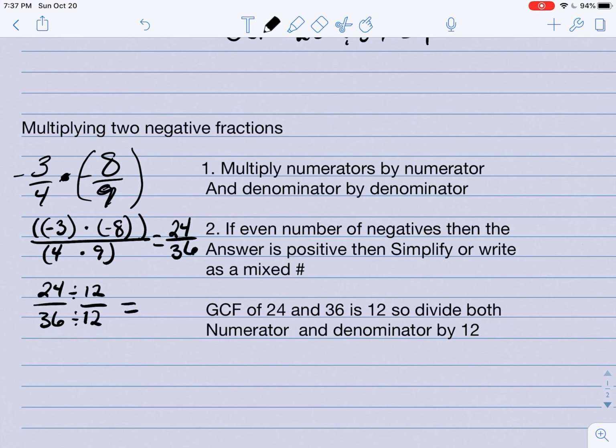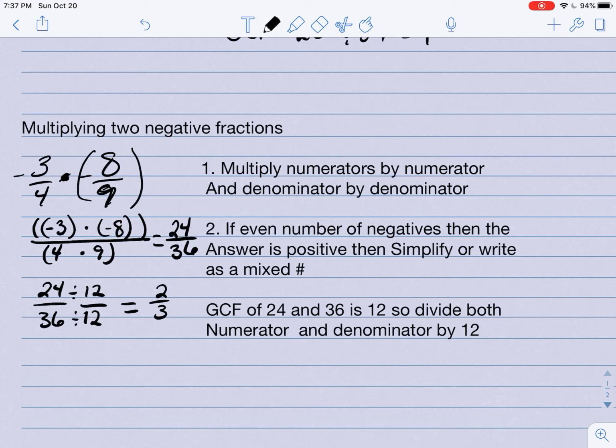And that's going to equal 2/3. Now, once again, if you divide both of them by 12, that is like dividing by 1. So you're not changing the value, you're just changing the appearance.